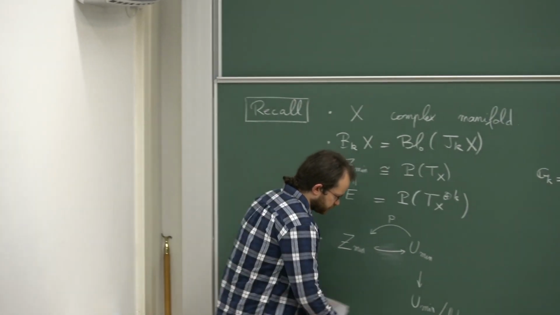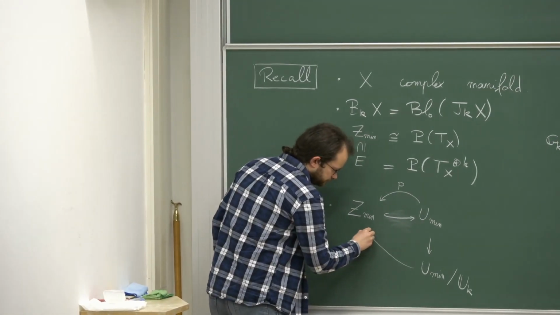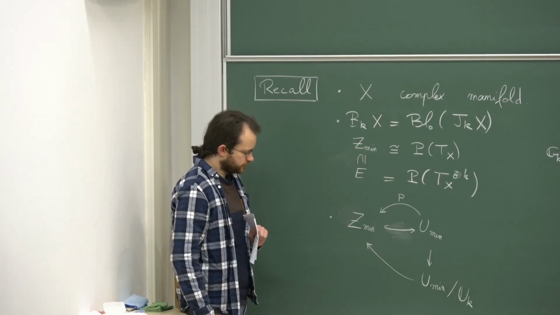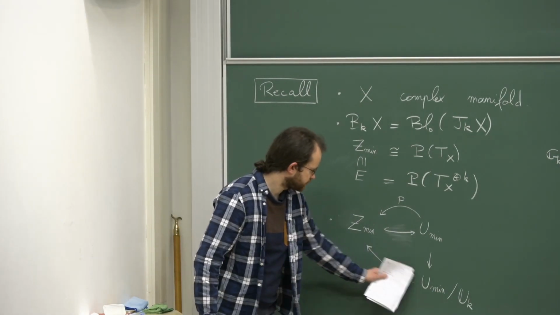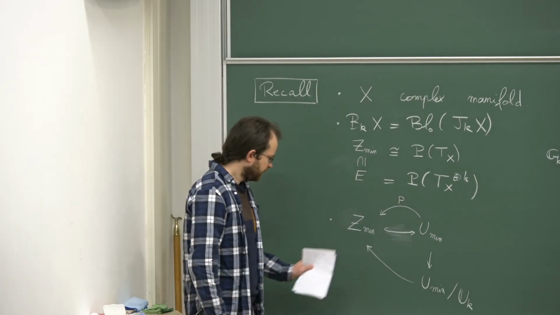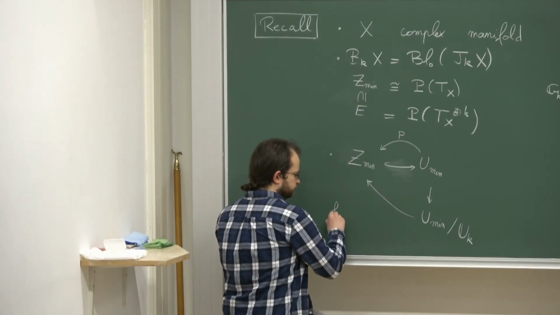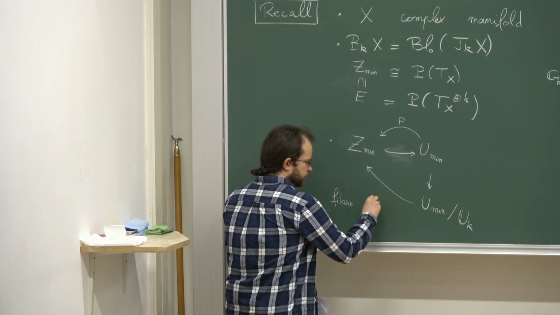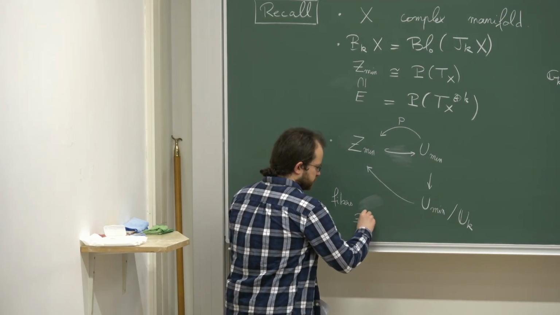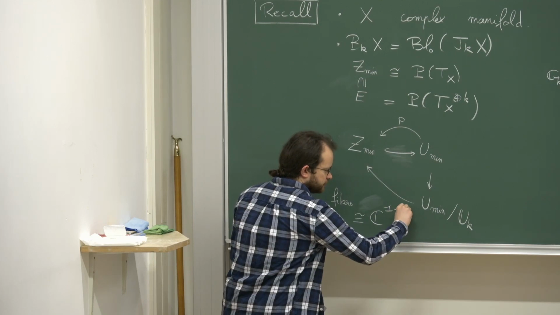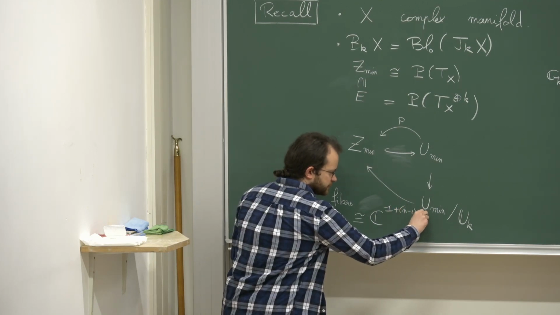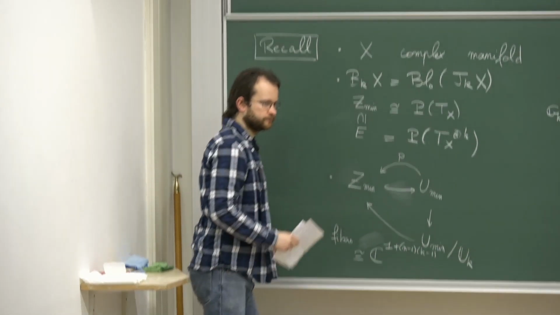And here, the projection, going that way, induces a morphism between these quotients and Z mean with fibers isomorphic actually to C to some power, which if you count dimensions is 1 plus (n minus 1) times (k minus 1).